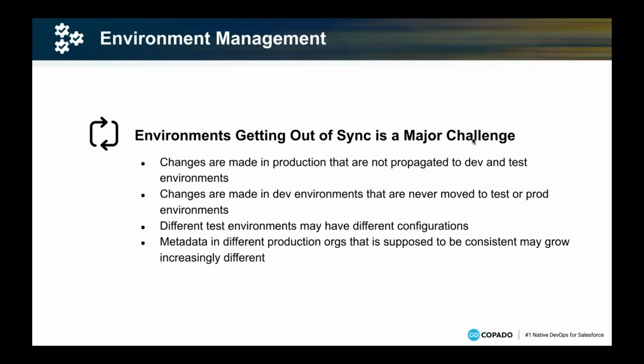Maybe there's certain kinds of changes that are whitelisted or some emergency changes, but maybe those don't get propagated back to development or testing environments. Maybe there's changes that are made in development environments that are never moved forward and so forth. Different test environments may vary, and if you have different production orgs, then the challenge is far greater, because you might have one chunk of metadata that you want to be consistent across those production orgs, but it's very, very hard to ensure that over time.